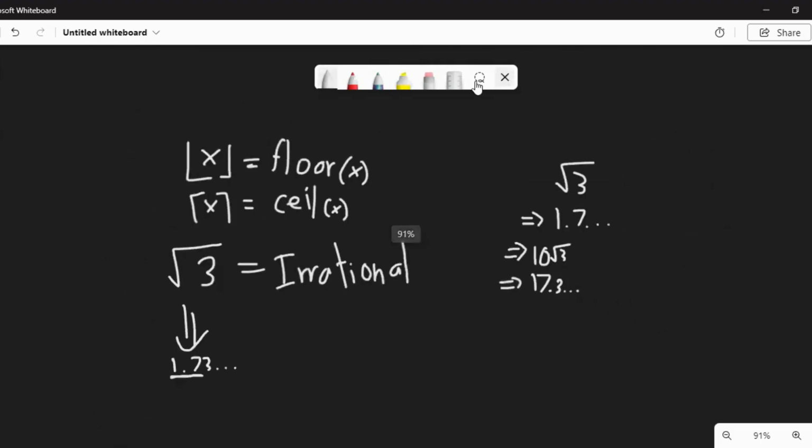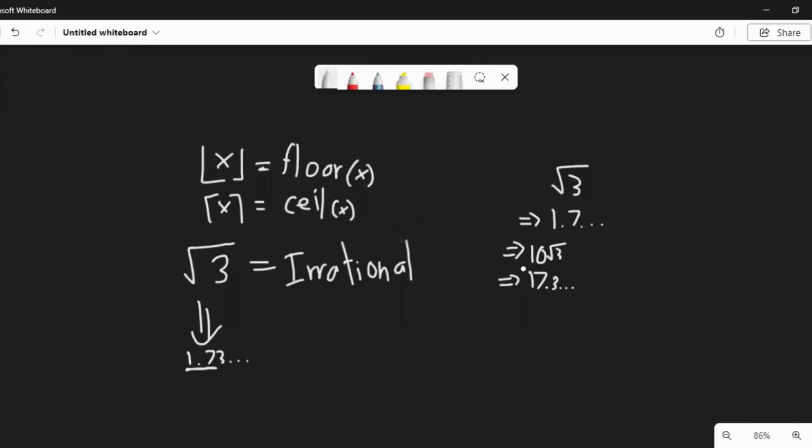Now we have this function over here. Now what we do is find its floor. So we apply this, and we're going to get 17, right? But we don't want 17, we want 1.7. So we simply divide this by 10, and voila, we have 1.7.